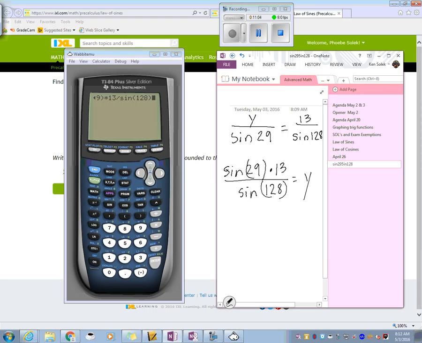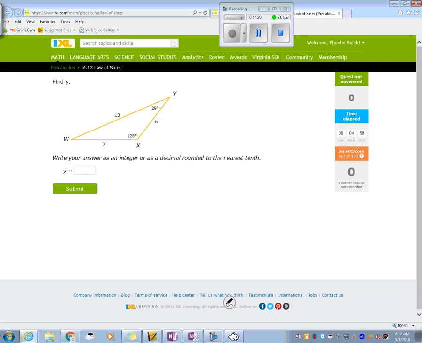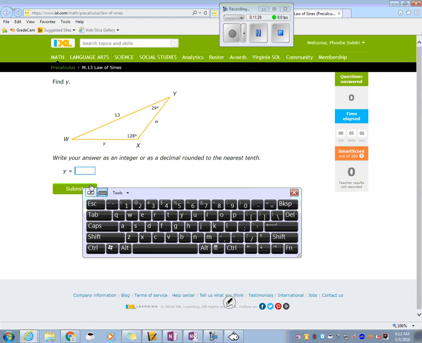So then let's press enter. And we get 7.998. Now, the directions on this say round to the nearest tenth. So 7.9 is going to round to what? 8. Okay? So part of it is going to be a rounding issue.